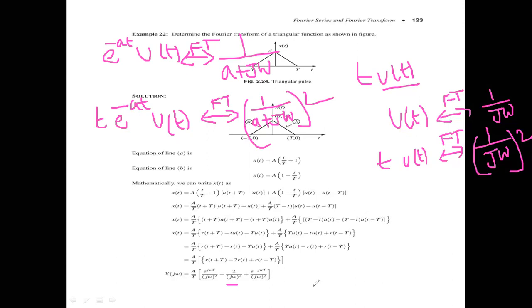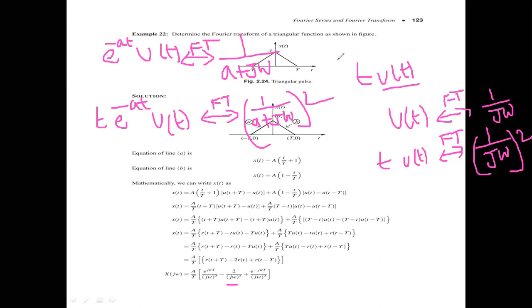Okay, and the remaining two functions, it is also the r of t. See, in the denominator 1 by j omega whole square, but there is a multiplication factor of e power j omega T plus for the first one. For the second one, the e power minus j omega T, third term, e power minus j omega T.